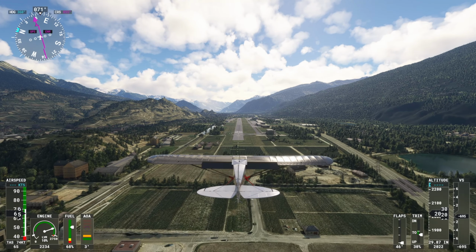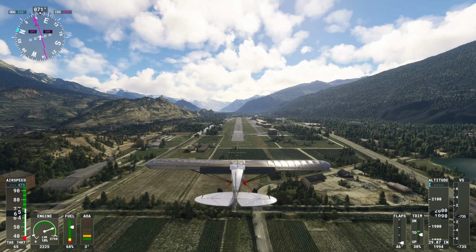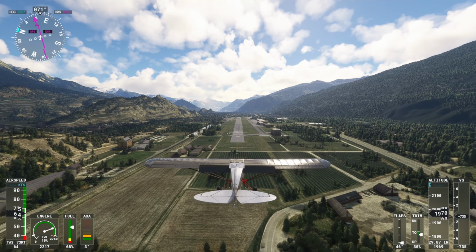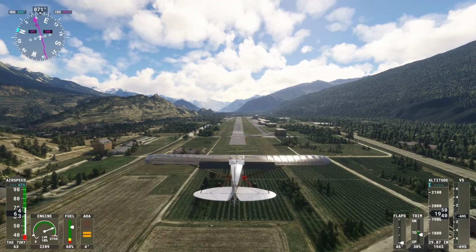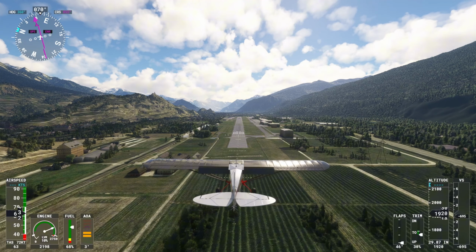Unbelievable. Absolutely magnificent mountain valley. Damn.